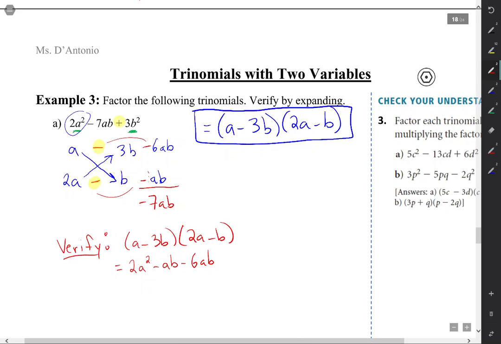And negative 3b times negative b is positive 3b squared. And if we combine like terms, these two in the middle are like terms, so we would have 2a squared minus 7ab plus 3b squared. So our answer is correct because it matches the original expression.